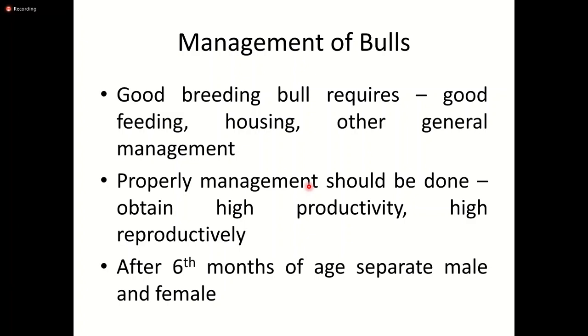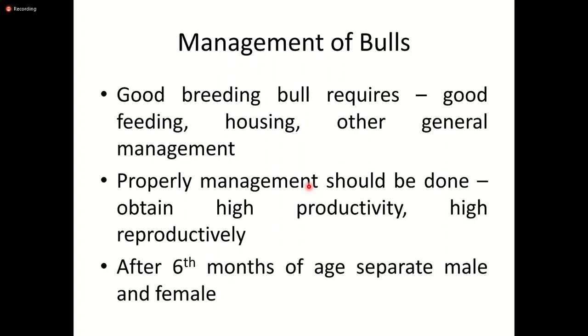Then we will see how we manage the male animals, right? We call them bulls or stud bulls, that is usually used for breeding purposes, or the other bull animals, right? So if you take bulls, stud bulls, we are keeping them for reproduction purposes, right?